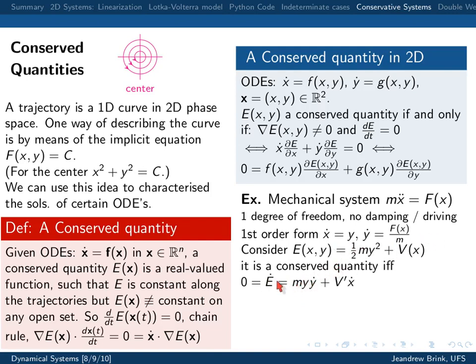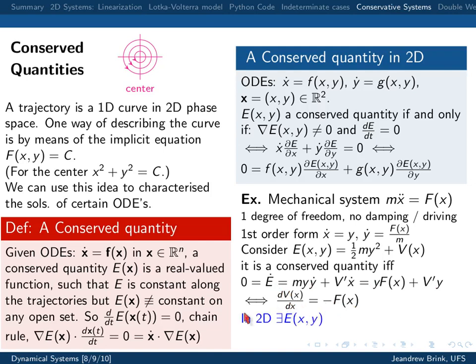So 0 is equal to E dot, which is m y dot y plus the derivative of V with respect to x times x dot. If we substitute in the equations that we have for x and y, we get that E is a conserved quantity if and only if y times f of x plus y times V prime is equal to 0. And since we want this to be true for any y, it's equivalent to saying dV/dx is equal to minus f of x. Okay.